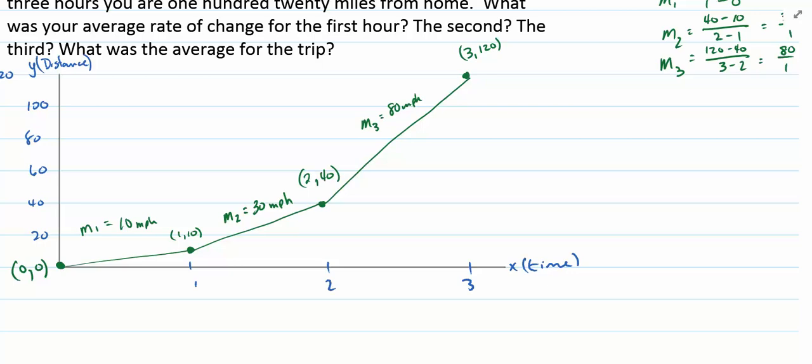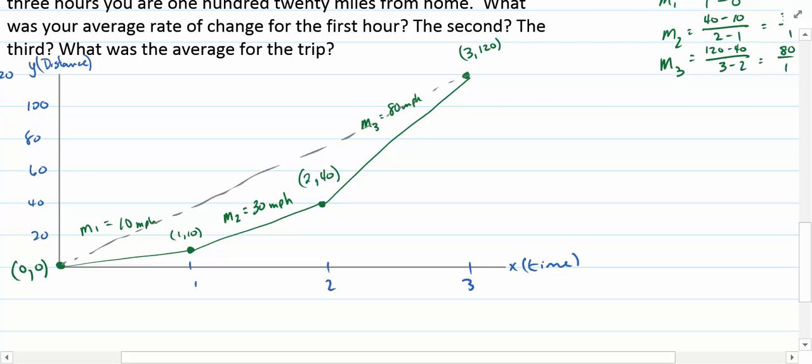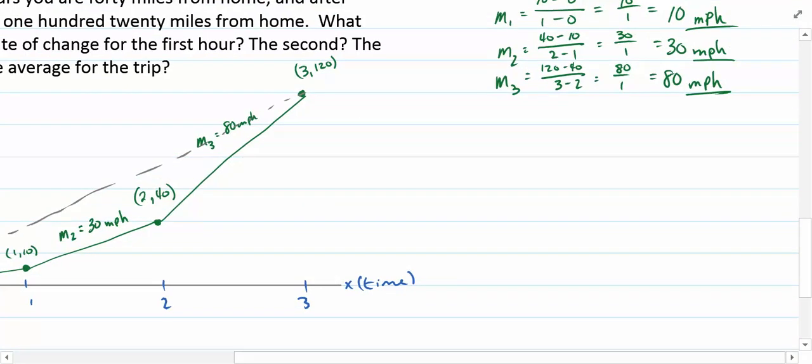But what is our average rate of change over the entire trip? What is the average rate of change from start to finish, or start to our final point here? Well, we can find that too. M of 4, we'll call this, is equal to 120 minus 0 divided by, oops, not 4, I'm sorry, 3 minus 0.